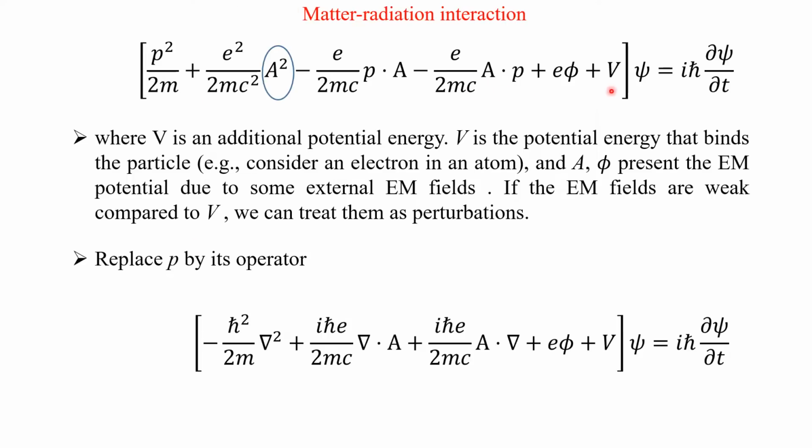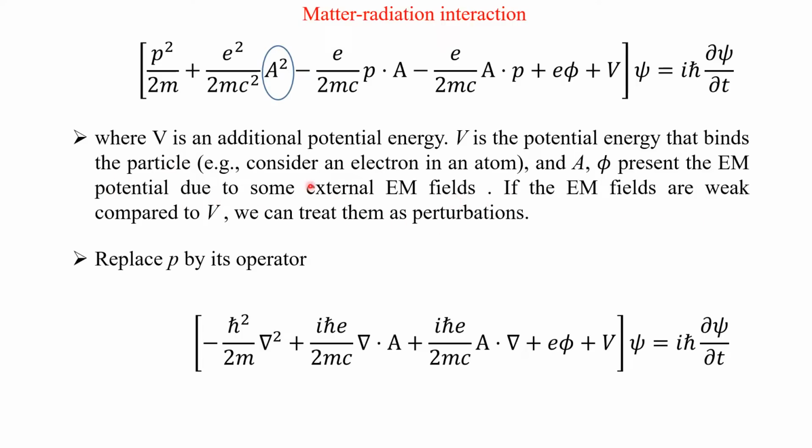As I said, V is the additional potential energy that binds the particle, for example, an electron in an atom. A and φ represent the EM potential due to some external electromagnetic force.